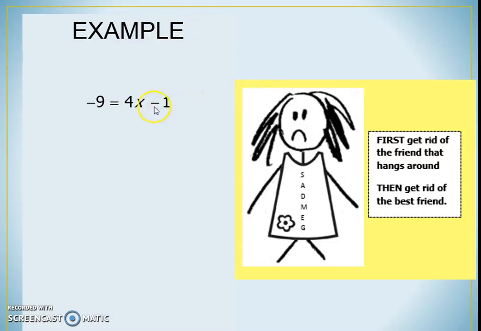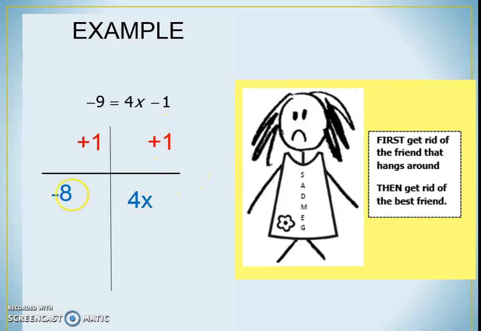Well, if we look in front of the 1, we have a subtraction sign, so we're going to add 1 to both sides. We draw our lines to keep track of our work, and once we add 1 to both sides, we end up with -8 on the left side and 4x on the right side. We can now tell our best friend the secret.